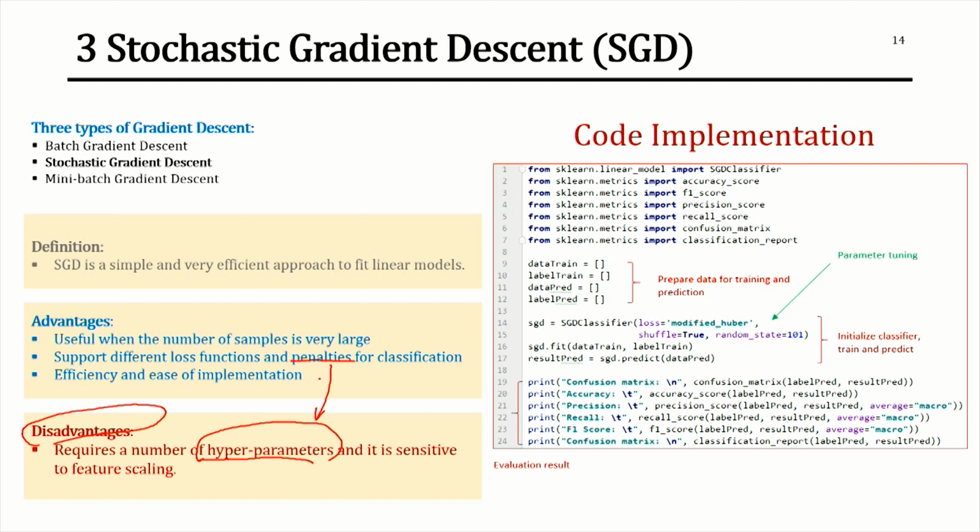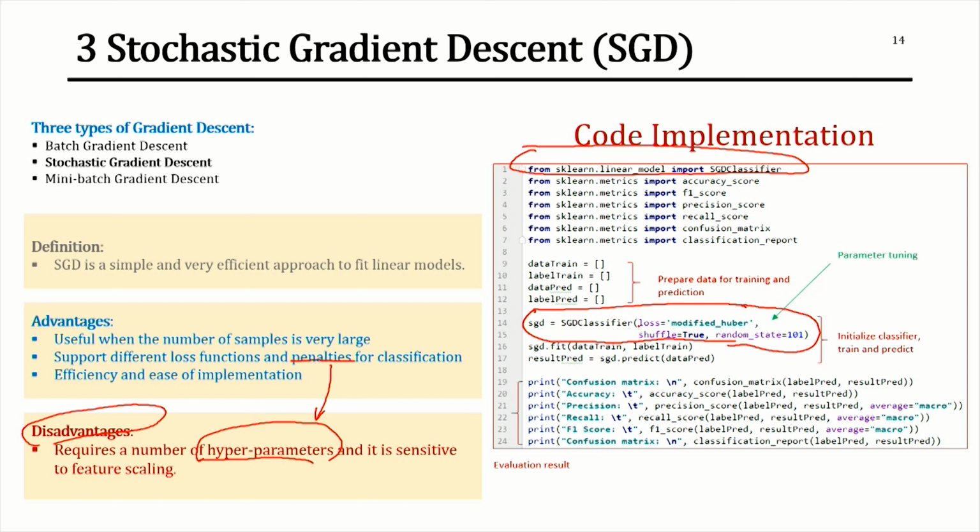So this is how we implement it in sklearn. We need to import SGDClassifier, and the way we initialize our classifier is a little bit different from the previous two classifiers that we have seen so far, because it requires a set of parameters.